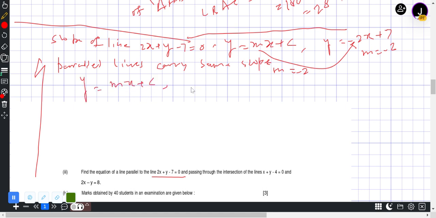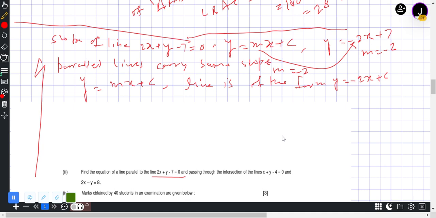That means the line is of the form y is equal to minus 2x plus c. Now we don't know what c is. We have to figure it out.